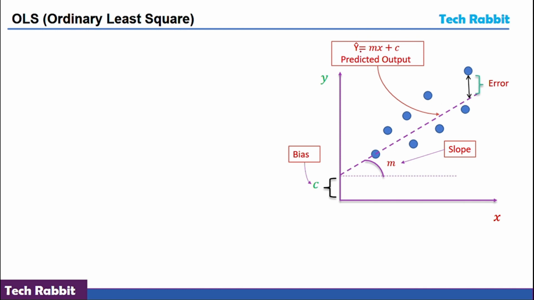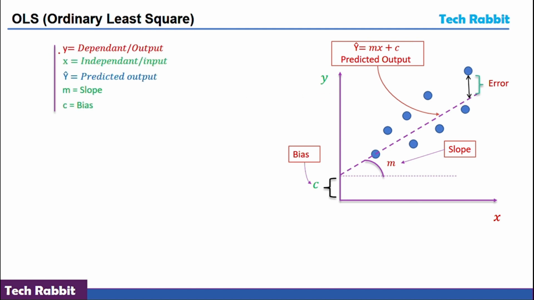The equation for the predicted line, which gives the relationship between x and y, is y hat equal to mx plus c. We call y hat the predicted value and the actual value we call y. Here is the nomenclature: y is the dependent or output variable, x is the independent input variable, y hat is the predicted value, m is the slope, and c is the bias.